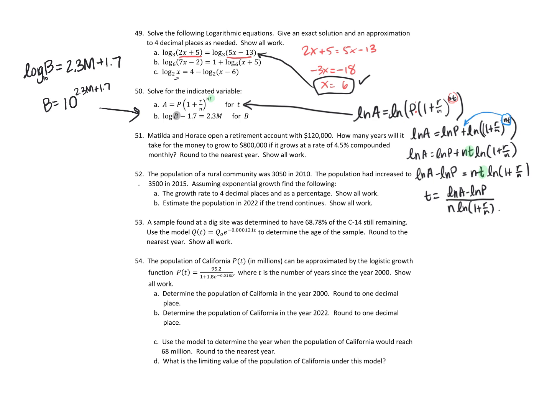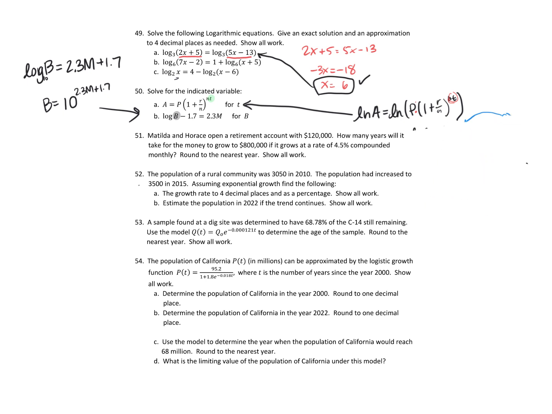Next one, Matilda and Horace open a retirement account with $120,000. How many years will it take for the money to grow to $800,000 if it grows at a rate of 4.5% compounded monthly? Okay, so what we want to do is figure out how many years it will take.